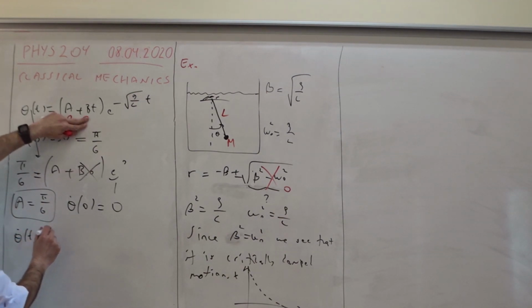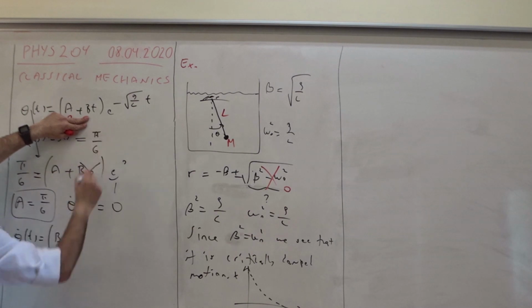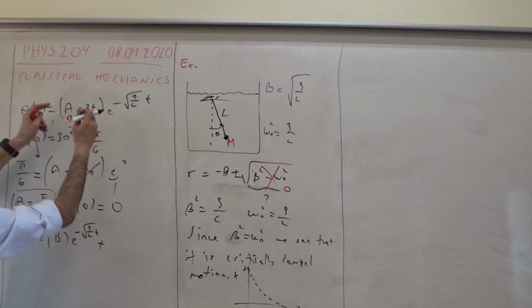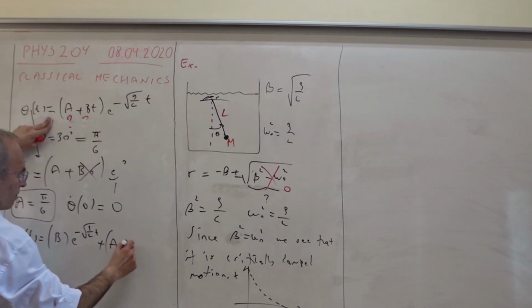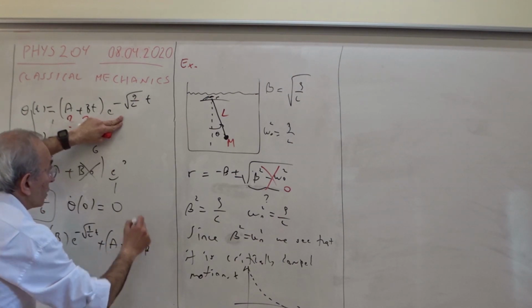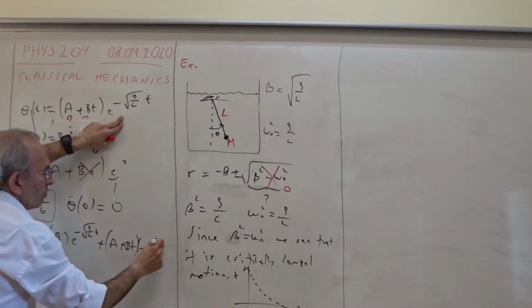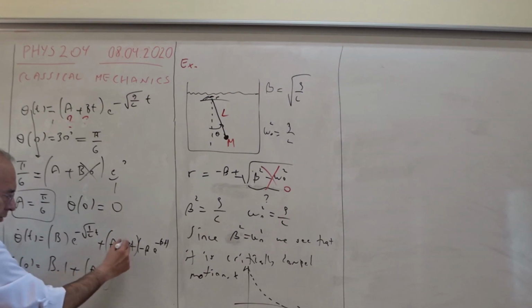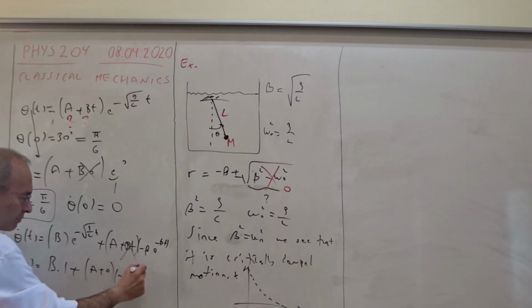Derivative of the first part, which is just b multiplied by the rest, e to the minus something, plus the first term together, a plus bt, and the derivative of the second part, which we have a minus beta coming from the exponent, and e to the minus beta t again. However, when time is 0, theta dot of 0 will be b times e to the 0, which is 1, plus a plus 0 times minus beta times 1.